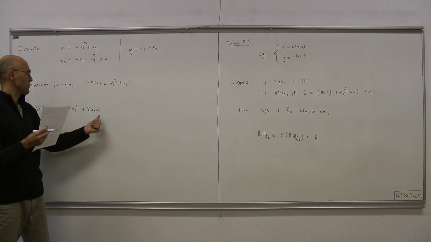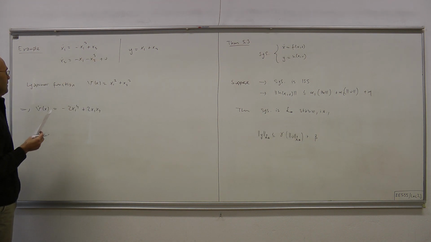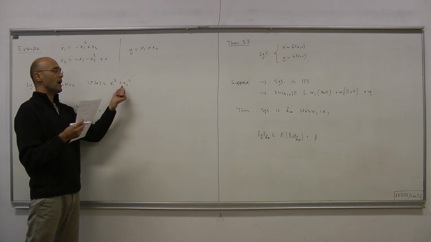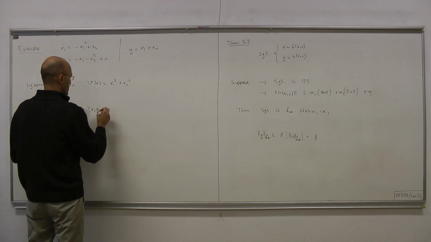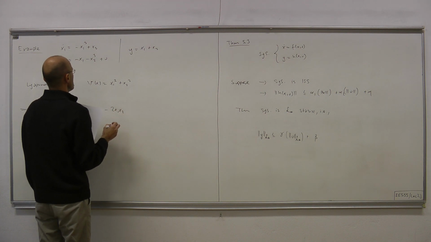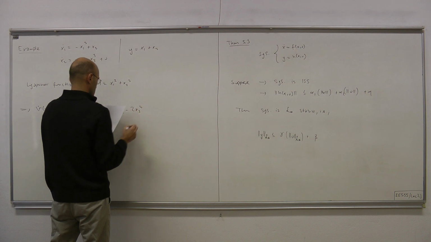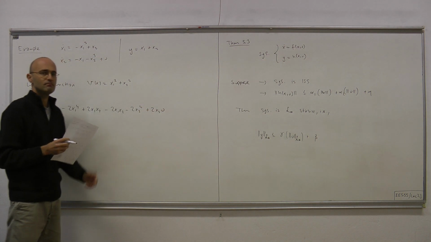This is from x1 times x1 dot. And we also have to add 2 times x2 times x2 dot, and that yields minus 2x1 x2 minus 2x2 to the 4 plus 2x2 u.